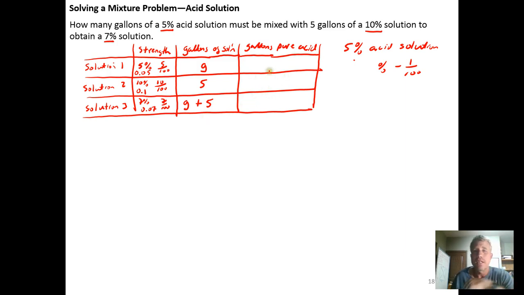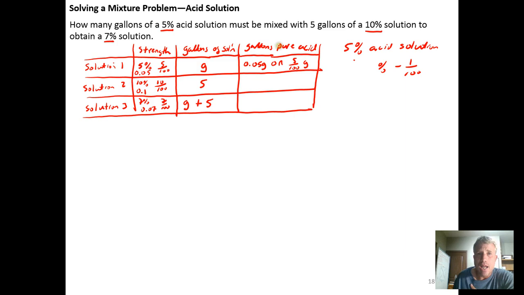Now to get the gallons of pure acid, what I do is I multiply the strength times the number of gallons that I have. So if it's a 5% strength, then I either multiply 0.05 times the number of gallons at the 5% mark, or I'm going to multiply 5/100ths times G. So I either need to take a decimal or fraction approach to this, one of the two. It's my choice, but I need to take one of these two approaches.